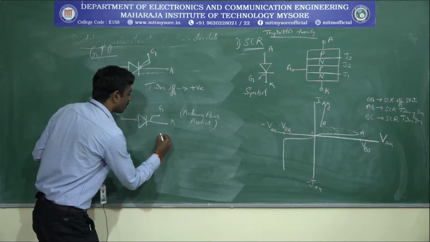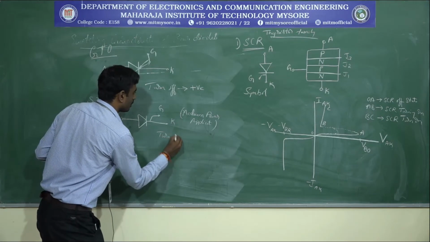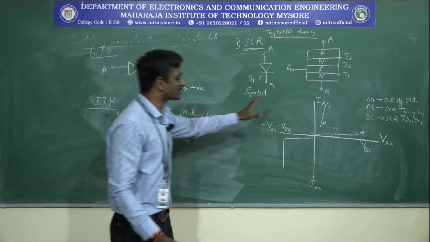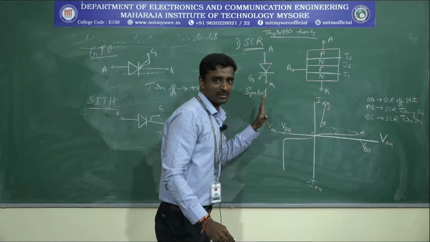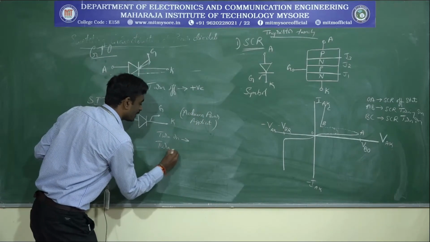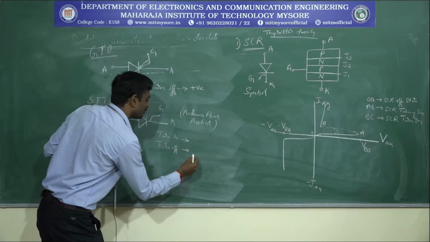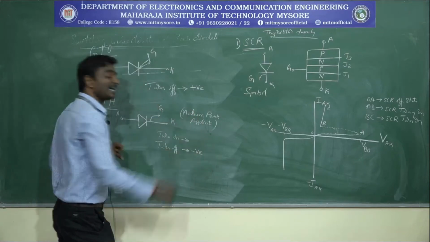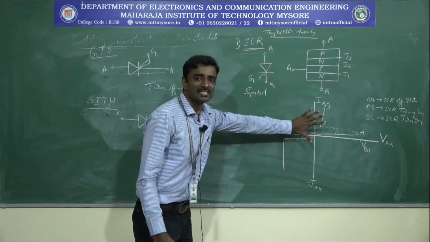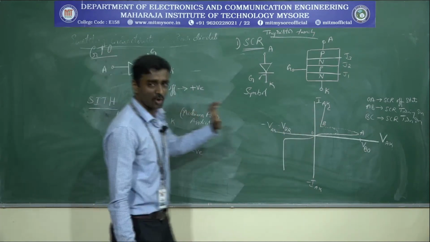You turn on your SITH similarly to the others, and the only difference is in turning off. Turning off will be different, because in this case you apply a negative gate drive. The characteristics will be similar for SITH also.